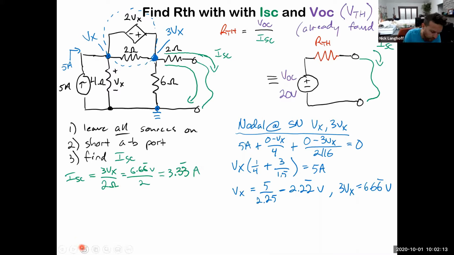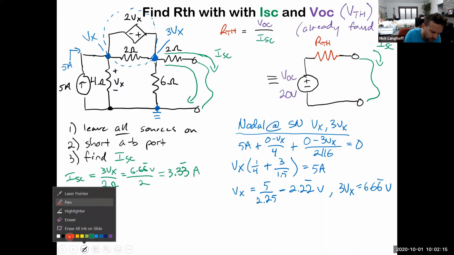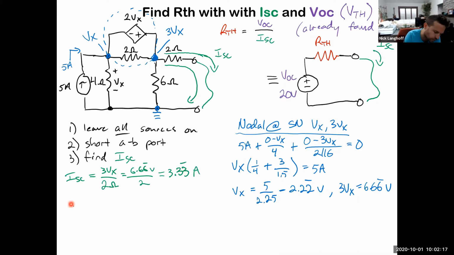Now when we finally go through and do it, R Thevenin is equal to, again, VOC over ISC. We already have VOC is 20 volts. We found that much earlier at the first step of this problem on Tuesday.